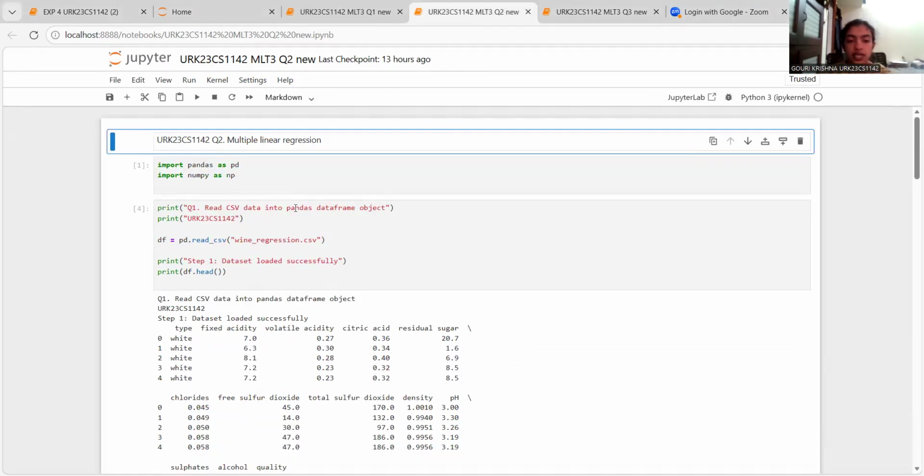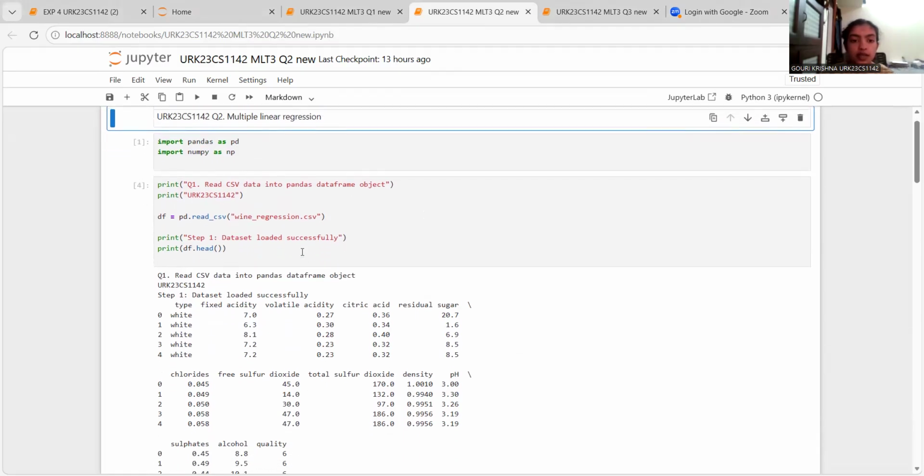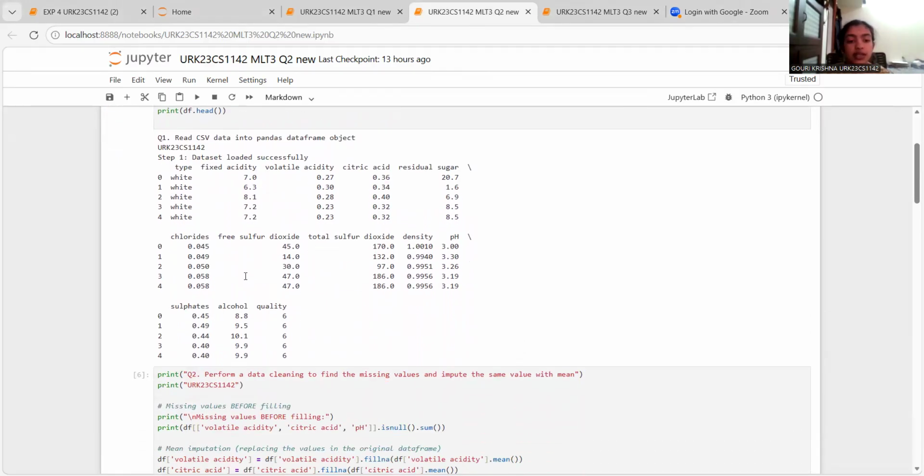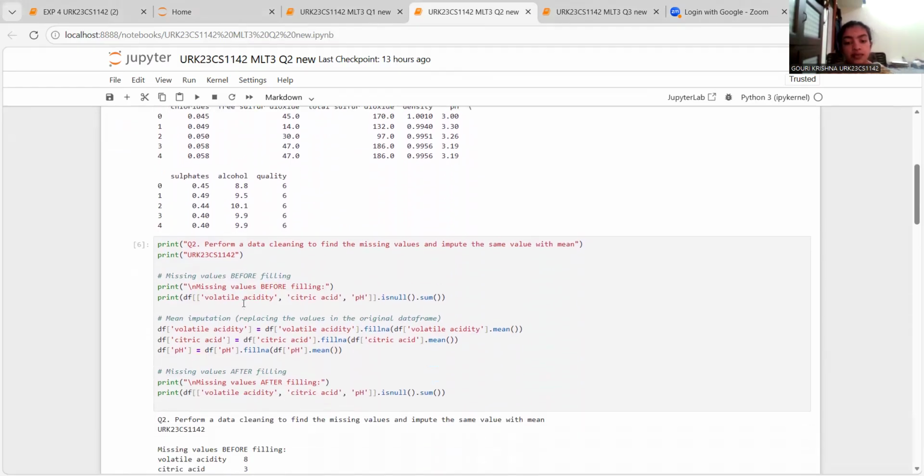This is the second one, which is multiple linear regression. Here also, first we have imported all the libraries and then read the data set again, and we have printed almost 10 rows.